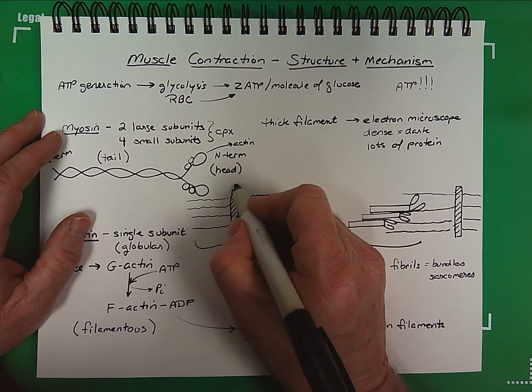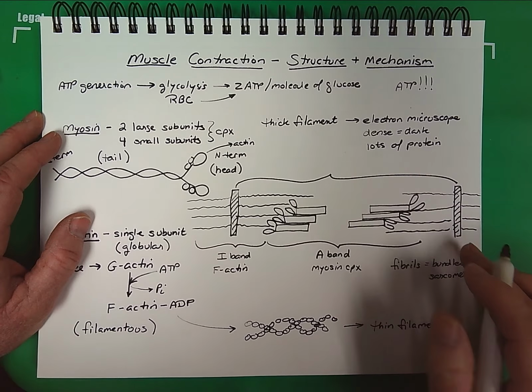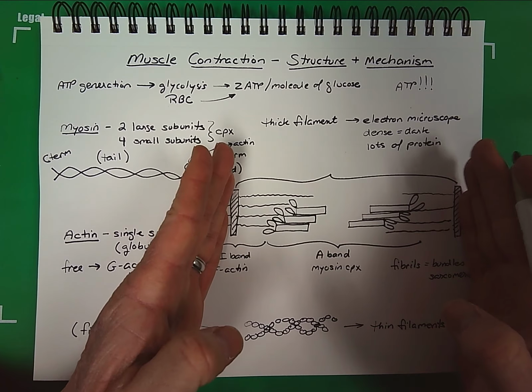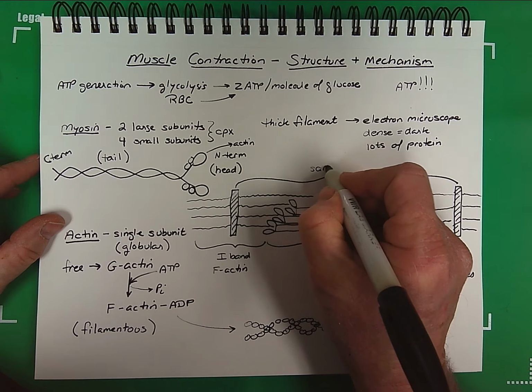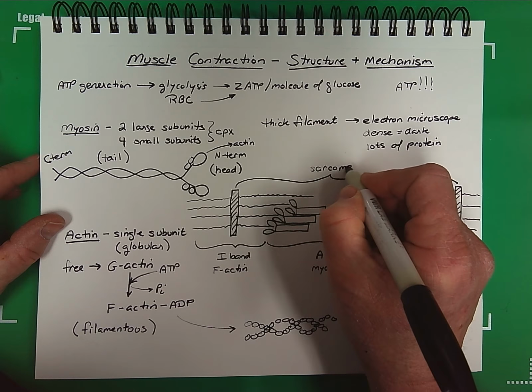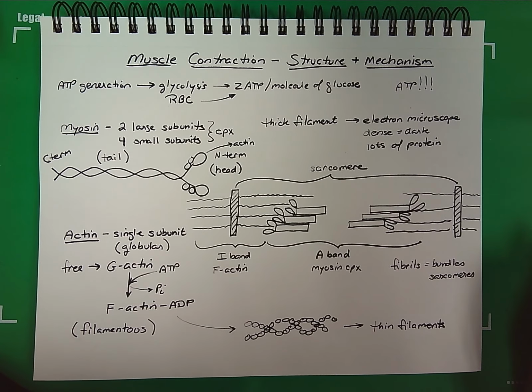So when we move from the dense band, I band region, to the next one, this essentially is a contractile unit, and this is called a sarcomere. So the sarcomere becomes the primary unit of contraction.